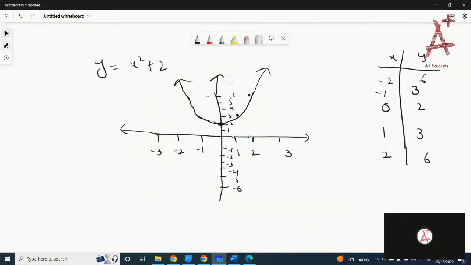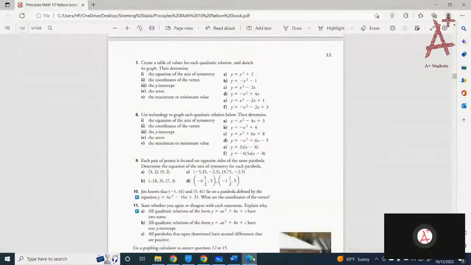So it would be on the y-axis, so the equation of the axis of symmetry is x equals 0. Got it?